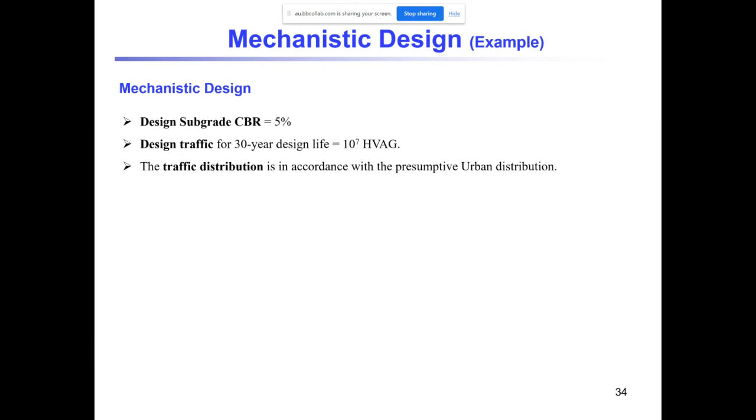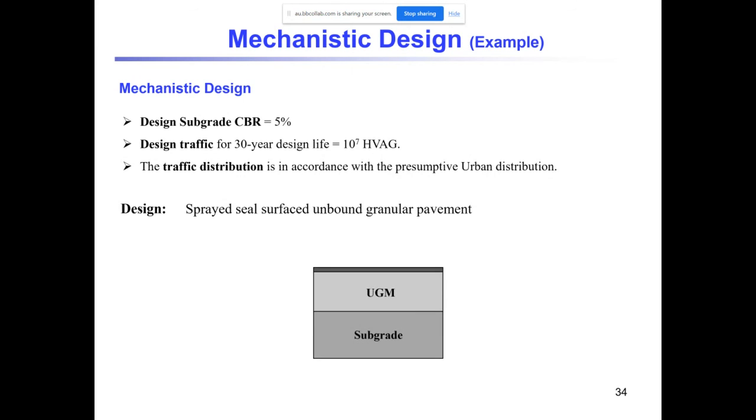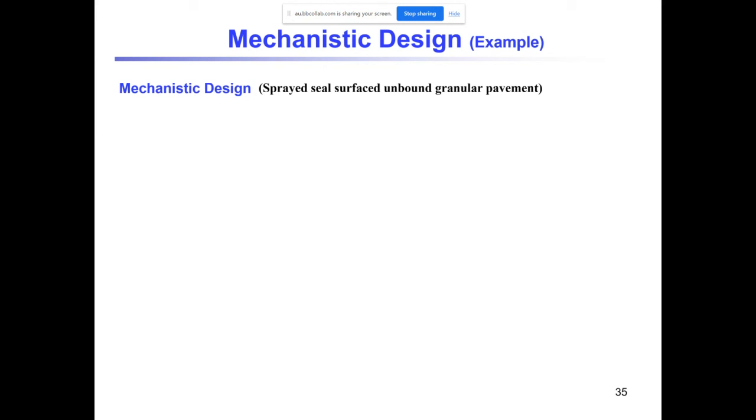The traffic distribution is in accordance with the presumptive urban distribution, so we are going to use presumptive values for traffic distribution. We plan to design a sprayed seal surfaced unbound granular pavement, which is a thin bituminous surface. So we are going to follow the Austroads procedure.